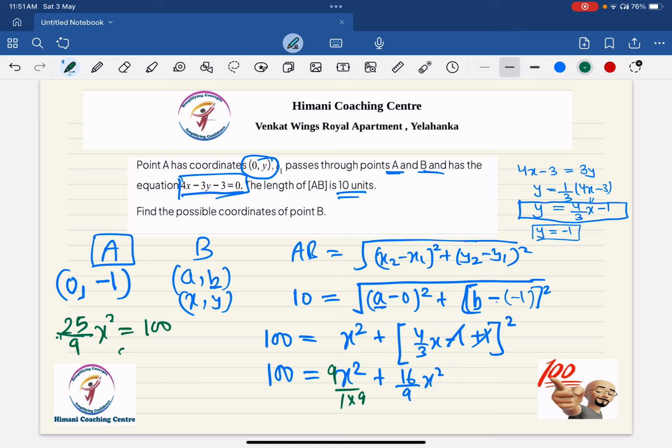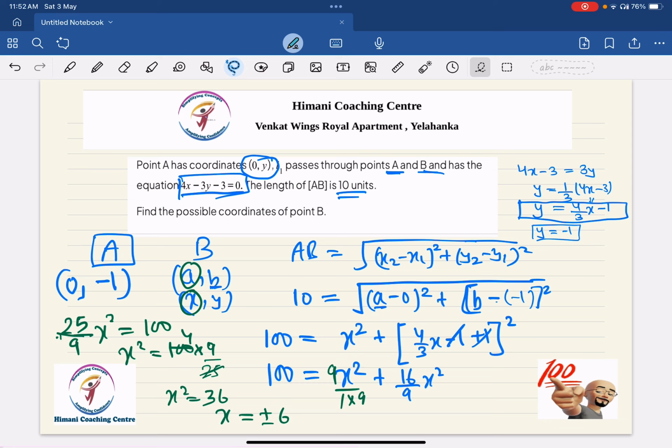So x square equals 100 times 9 over 25. We can say 25 fours are 100, so we get x square as 36. So x would be plus or minus 6. So the x coordinate for B could be plus 6 or minus 6.